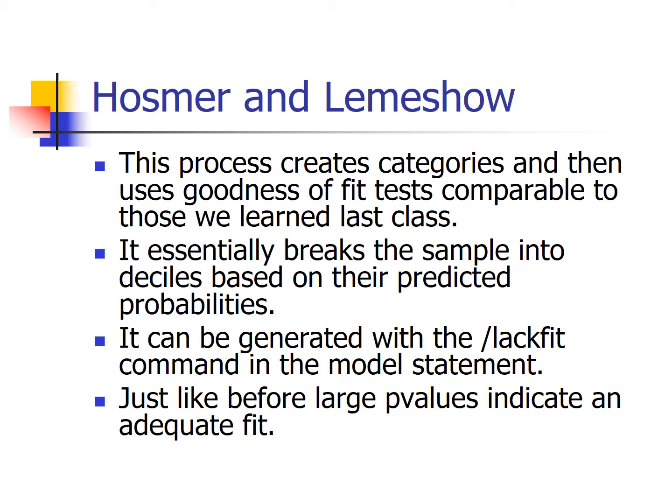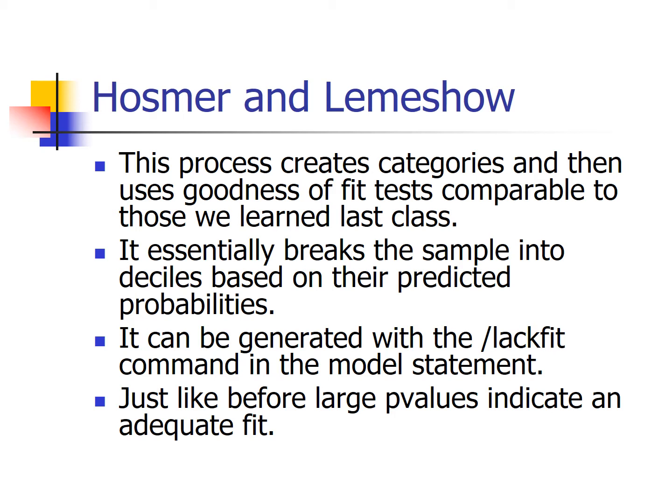The way that it works is it creates these categories in a really clever way, and then once it's come up with these categories, it can apply the same sort of basic formulaic approach that we did, for example, in the Pearson test.